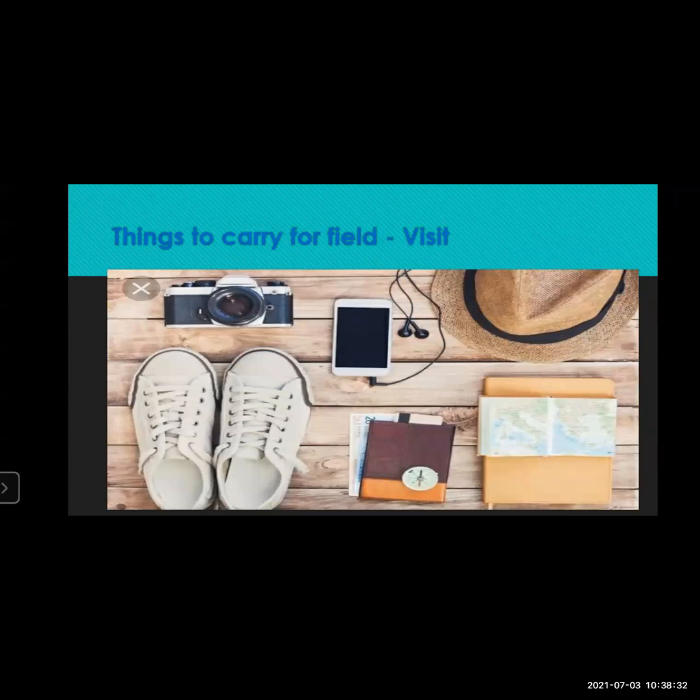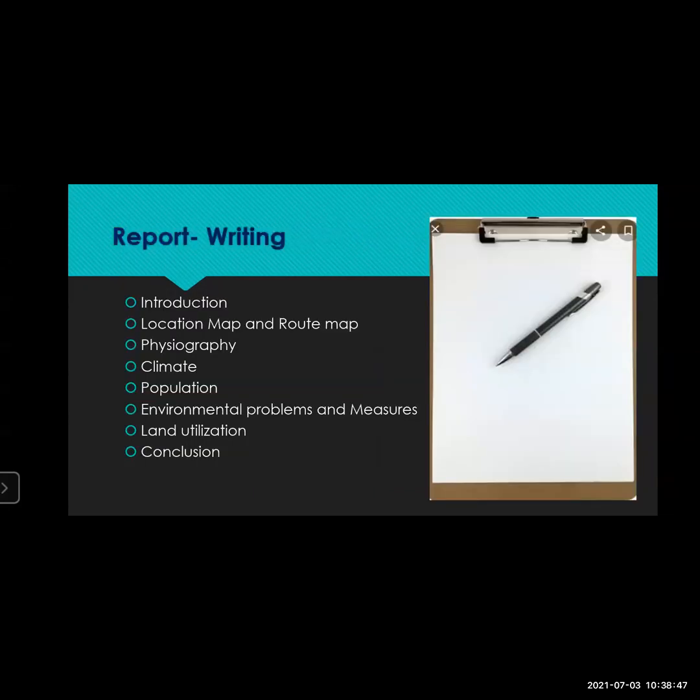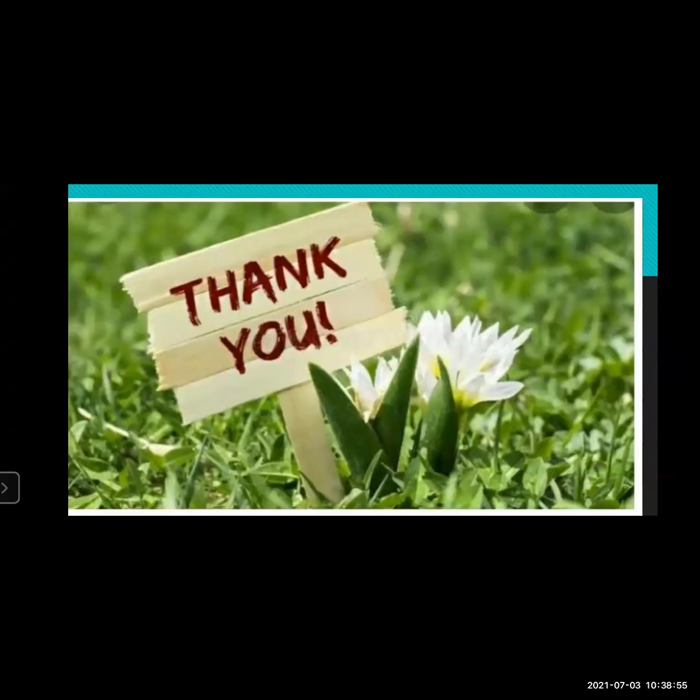Then what things should be carried for the field visit, then what precautions should be taken. You should not harm the environment. You should take care of yourself also and carry the first aid box. Then we have seen the last part of the lesson, and that was report writing based on the field visit which you have gone through.